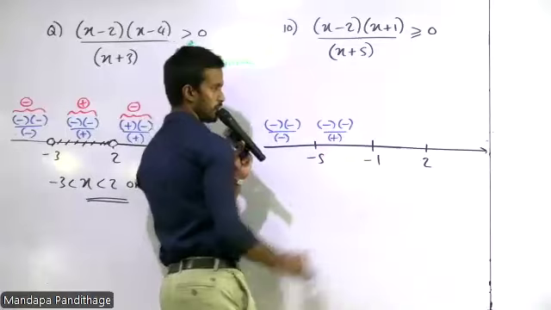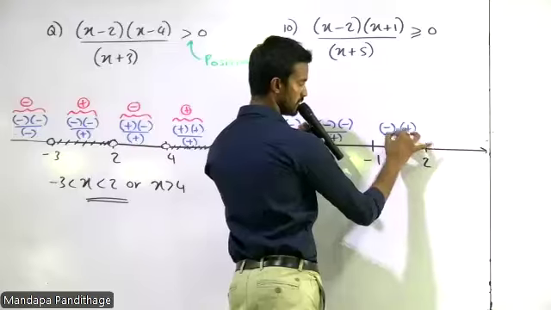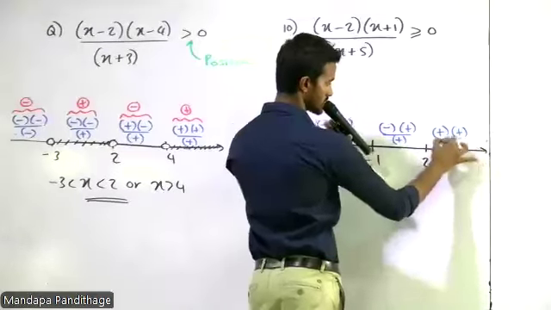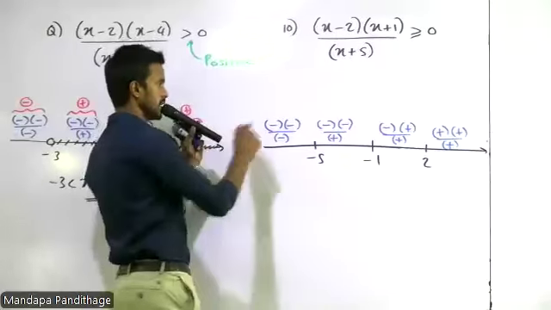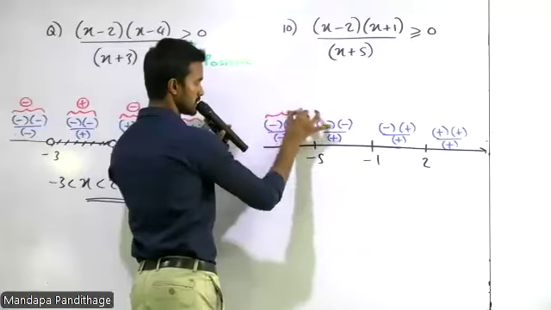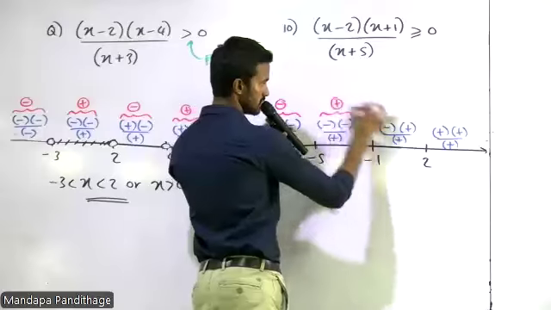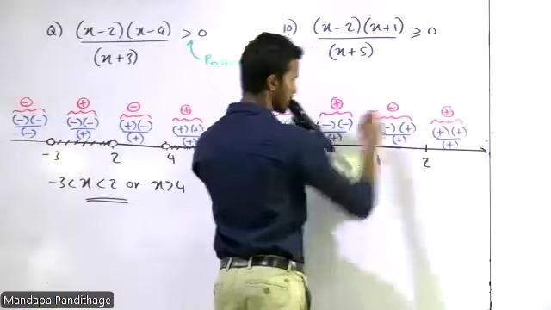If I go with 1, this is minus, but this is plus and this is plus. Any value after 2 becomes plus, plus, plus, all plus. So when we have 3 negatives, it's negative. 2 negatives, it's plus. 1 negative, it's minus. And all plus means it's positive.